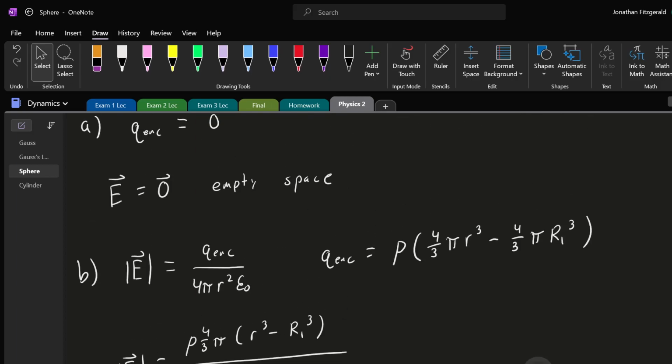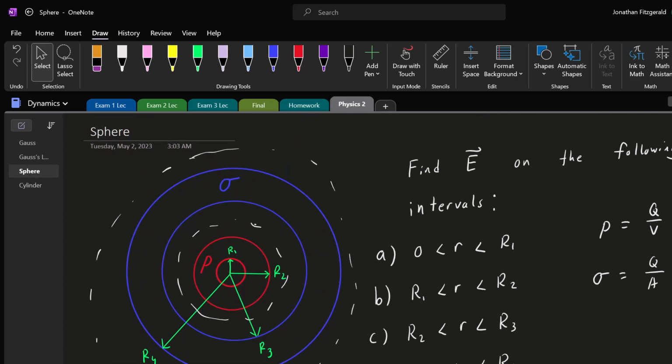But now we're adding charge from this conductor. It has charge density sigma. Basically that means there's a sigma charge density, as in a charge per meter squared, that only exists on the surface. And the reason it's only on the surface is also because it's a conductor.